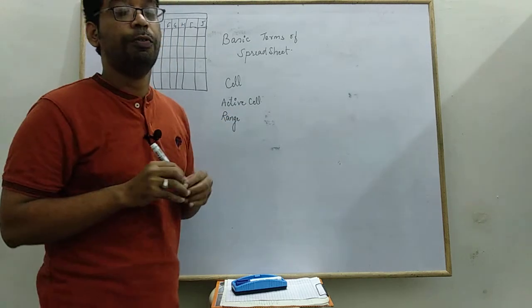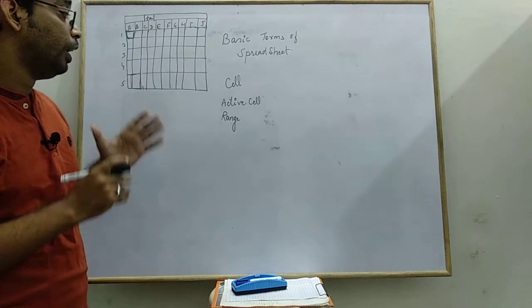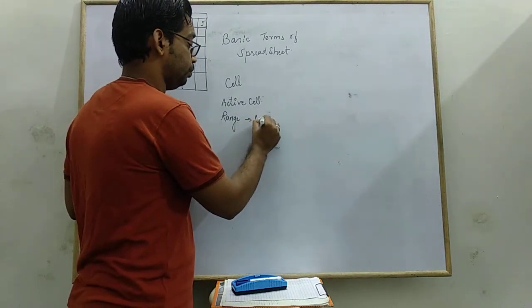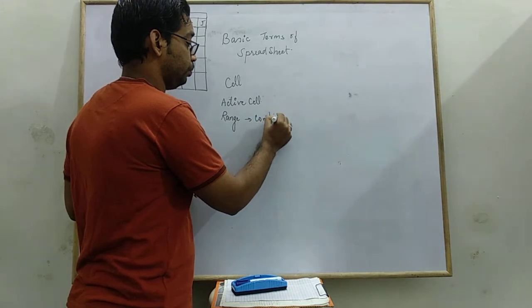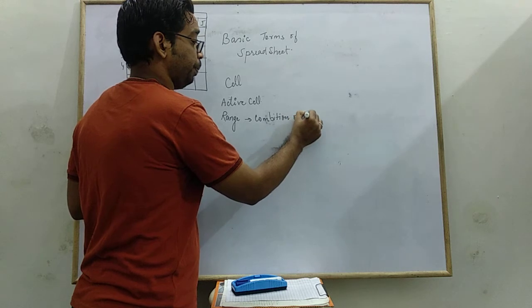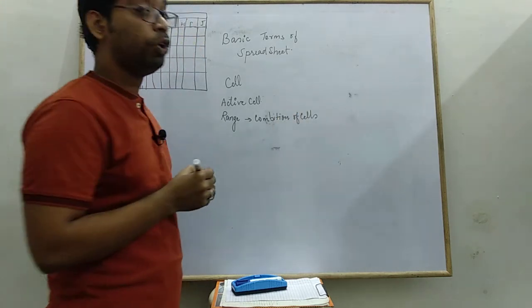range. What is a range? Range means a combination of cells.